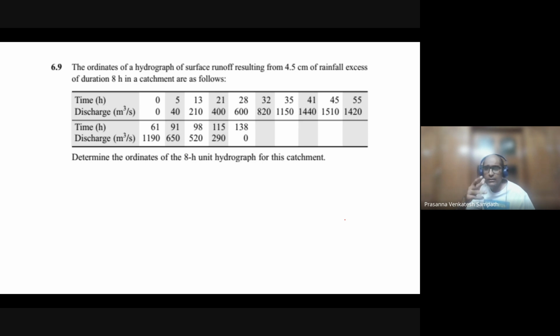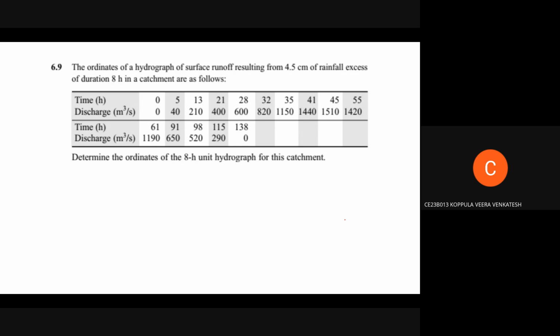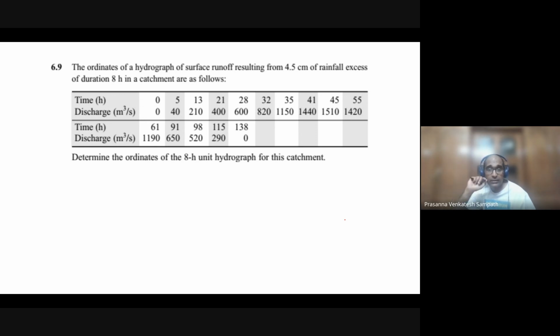Does it matter that it's not given in nice intervals? It doesn't matter. Correct. It actually doesn't matter.